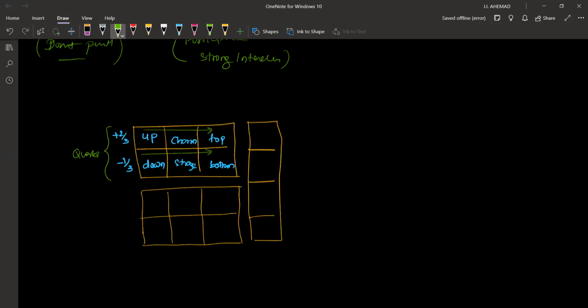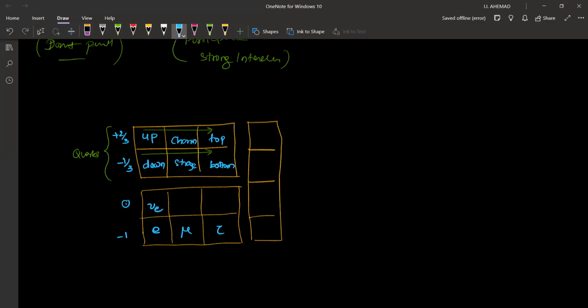This block has 0 charge, and this block has minus 1 charge. So here we have electron, muon, and tau. And we call these neutrinos.